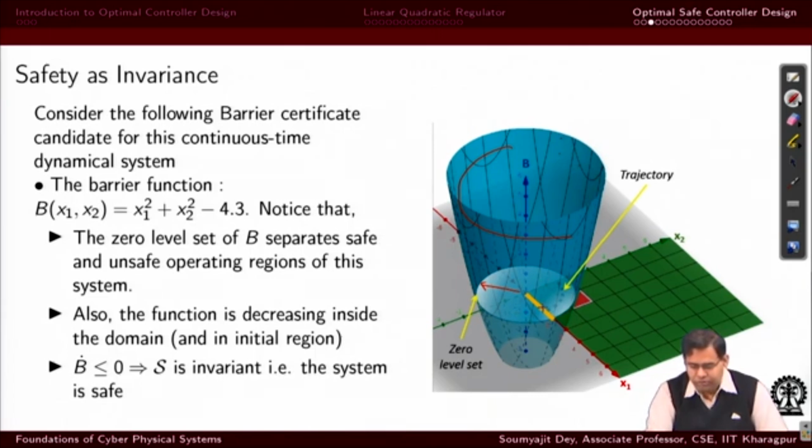That means these are the combinations of x1 and x2 for which this function's value becomes 0, and since we want this to be a barrier function, we need to show that as long as I am inside the barrier, the system in its safe region is always operating with the value of b less than 0. That means the system's safe trajectories are all located on the surface of this cone, at those positions which are below this 0 level set.